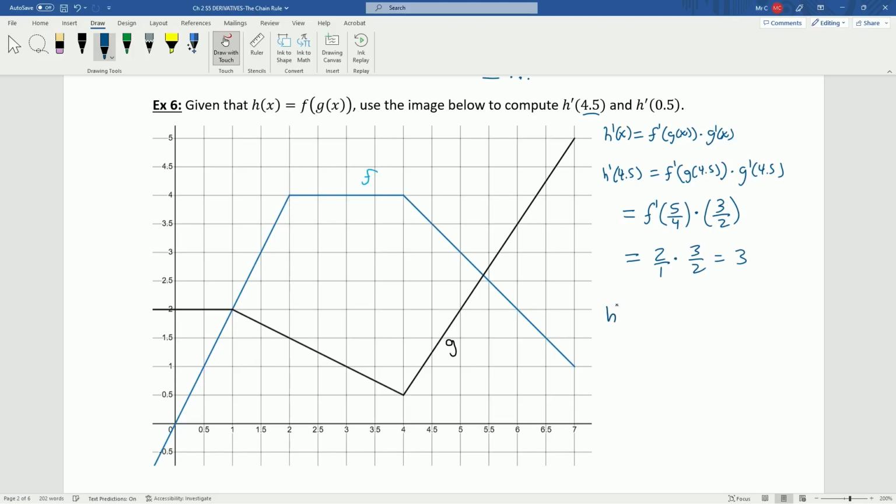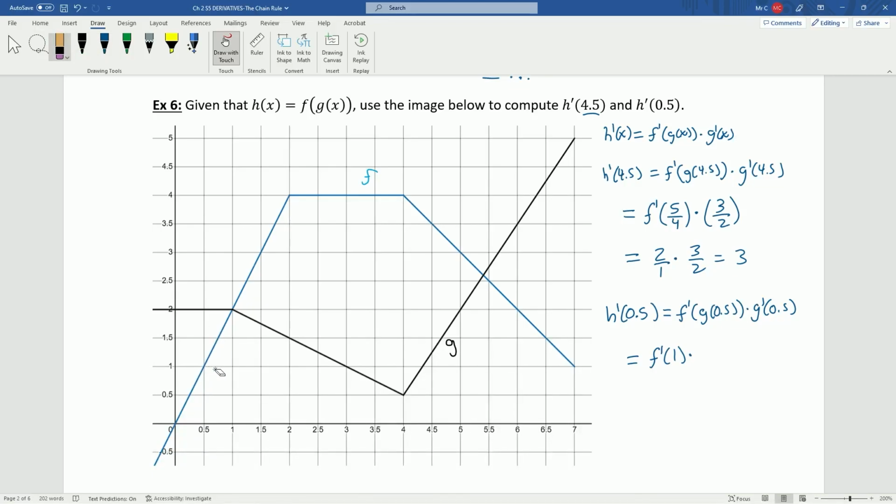Okay, and now when we look at h prime of 0.5, again, the way we'd write that is f prime of g of 0.5 times g prime of 0.5. So what's g of 0.5? Oh, that's 1. So this is really f prime of 1 times, and what's the slope at 0.5 for the function?